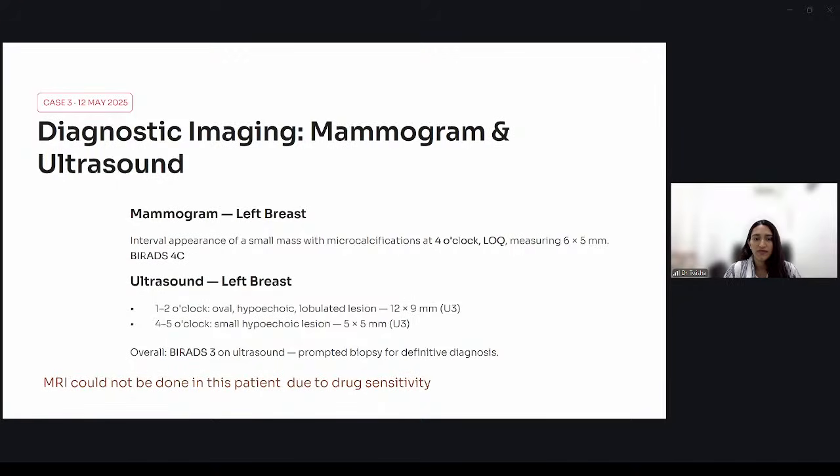So here is the finding of the mammogram. There was an interval change, small microcalcification at 4 o'clock position, 6 by 5 mm, BI-RADS 4C, and on ultrasound, it was showing a small hypoechoic, lobulated lesion. We could not do an MRI for this patient as the patient was sensitive to the contrast.